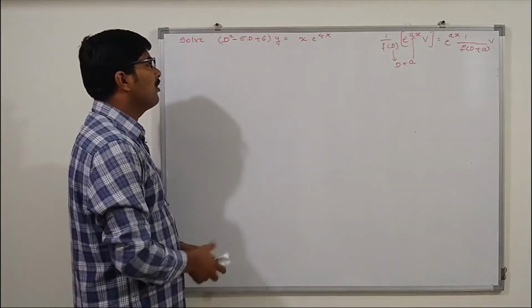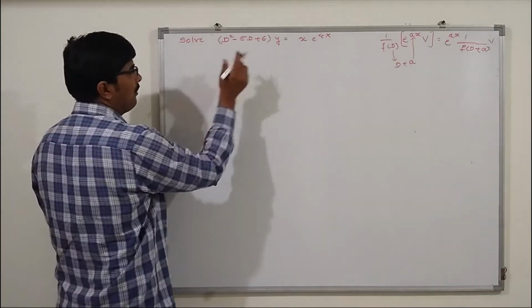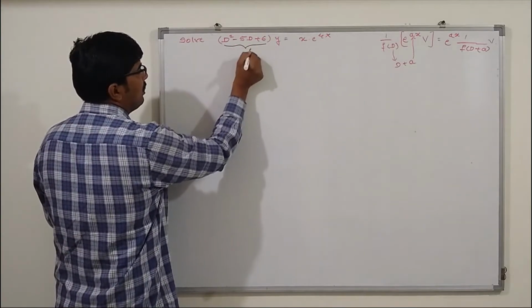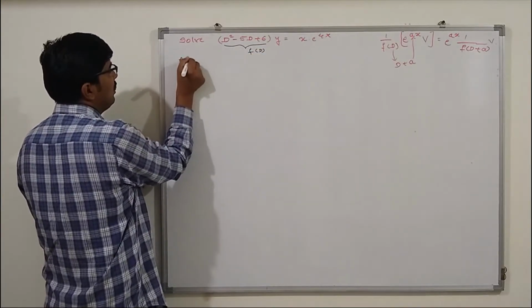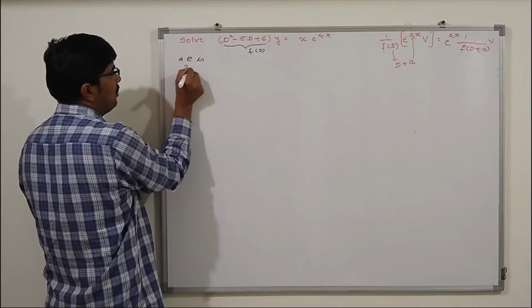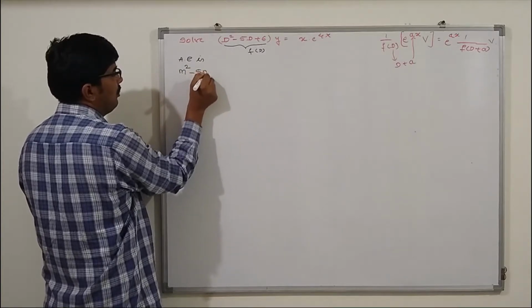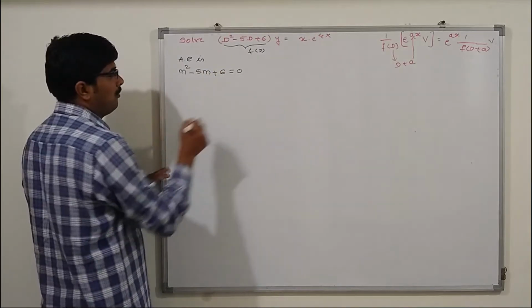Here first of all we have to find the auxiliary equation of this f of D, which is the given f of D. The auxiliary equation is m square minus 5m plus 6 is equal to 0.